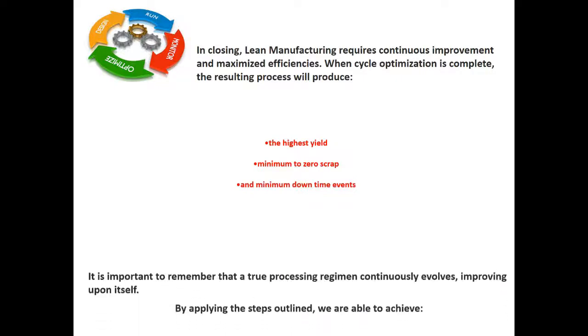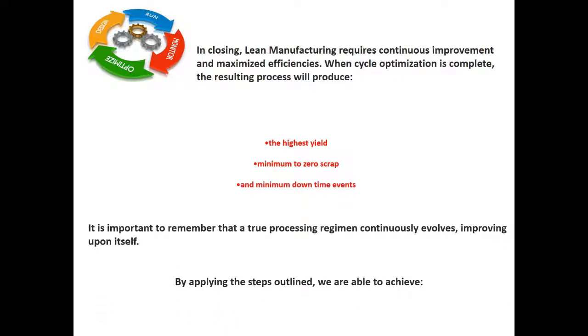In closing, lean manufacturing requires continuous improvement and maximized efficiencies. When cycle optimization is complete, the resulting process will produce the highest yield, minimum to zero scrap, and minimum downtime events. It's important to remember that a true processing regimen continuously evolves, improving upon itself.